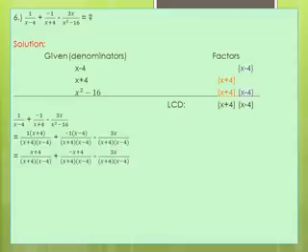Copy the operation which is addition. And the LCD divided by x plus 4, we have x minus 4. So we multiply it to negative 1. Then copy the operation which is minus. Then LCD divided by x squared minus 16 is equal to 1. So 1 times 3x is equal to 3x.